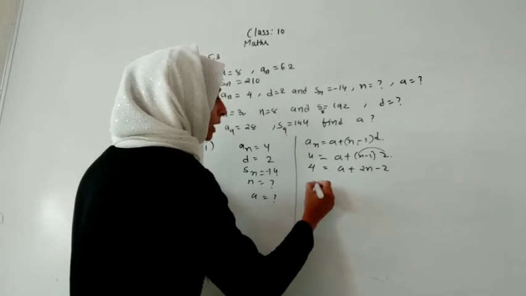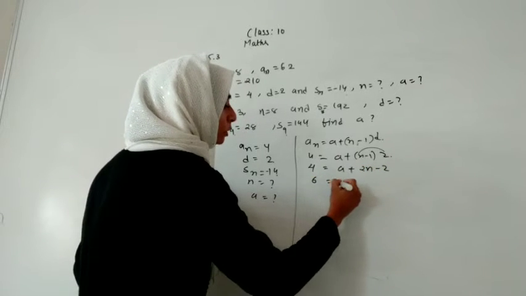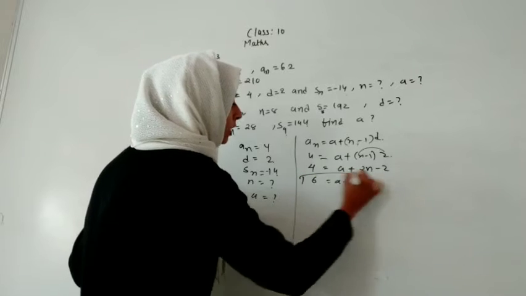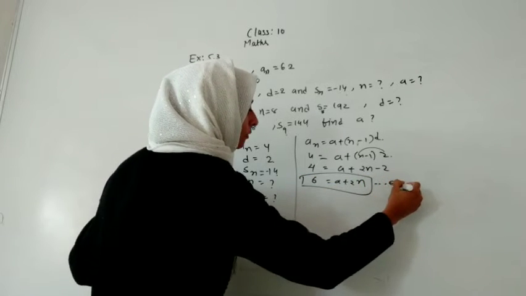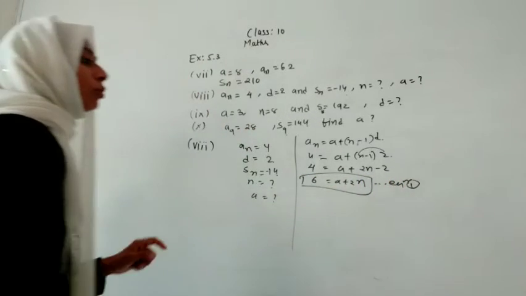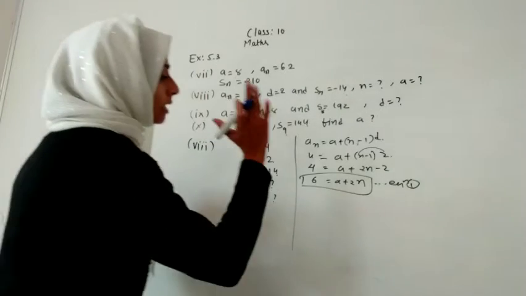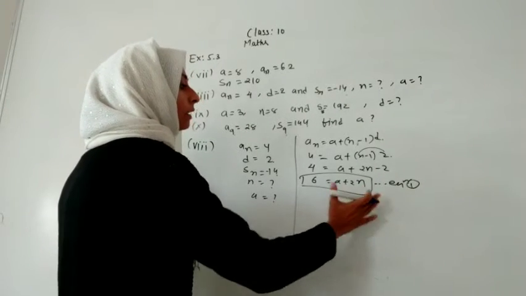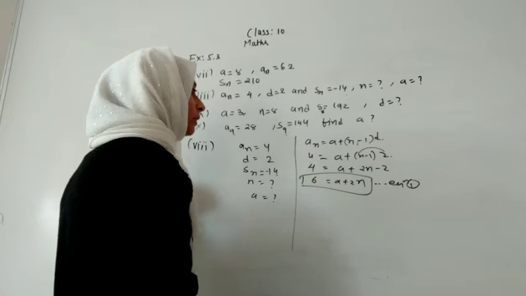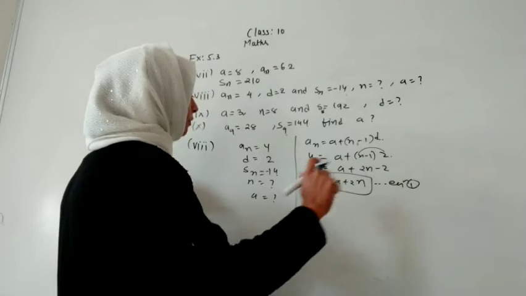So if I am shifting it, it will become 6 is equal to a plus 2n. Let us take it as equation number 1. Wherever it will be useful to us, we will use it. Whatever concept we have, we will just apply it. If it is useful, we will use it. If it is not useful, then we will see.